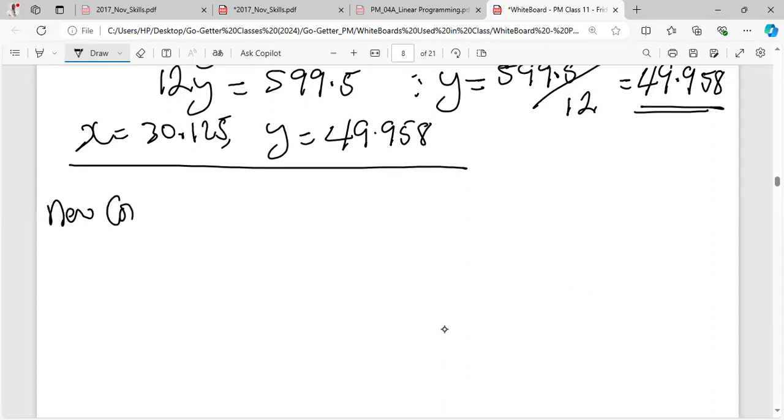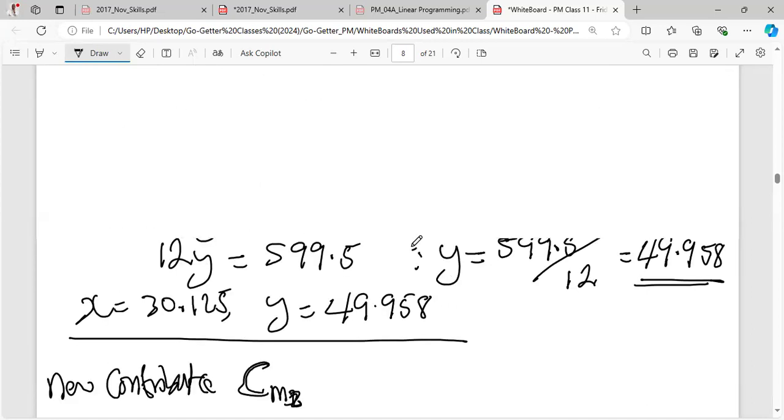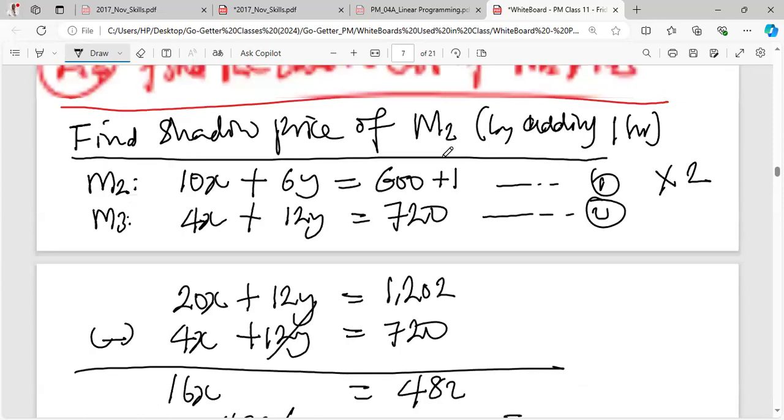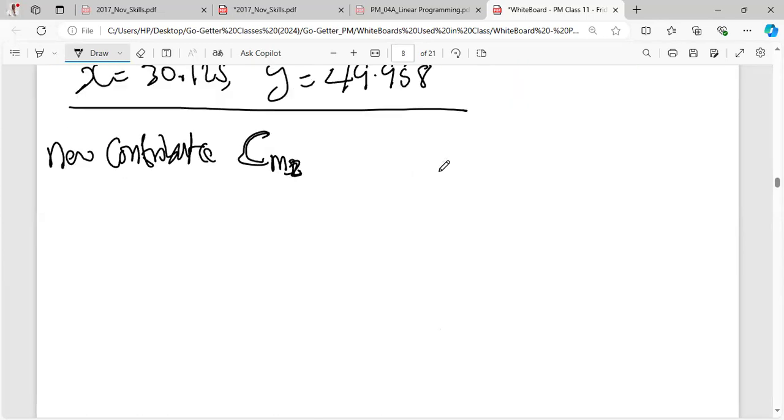New contribution, I will call it CM2. I'll call it CM2 because we are testing shadow price of M2. Now it will give me 100x plus 115y, right?